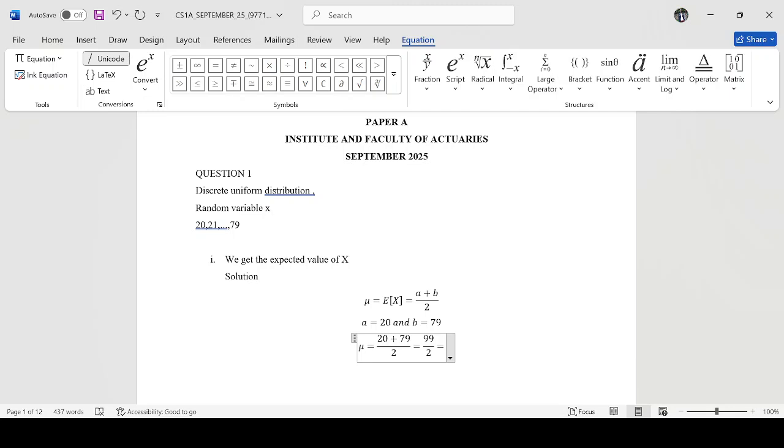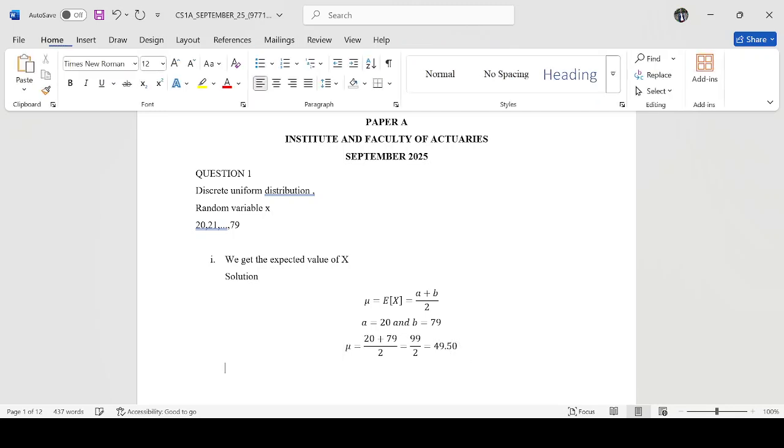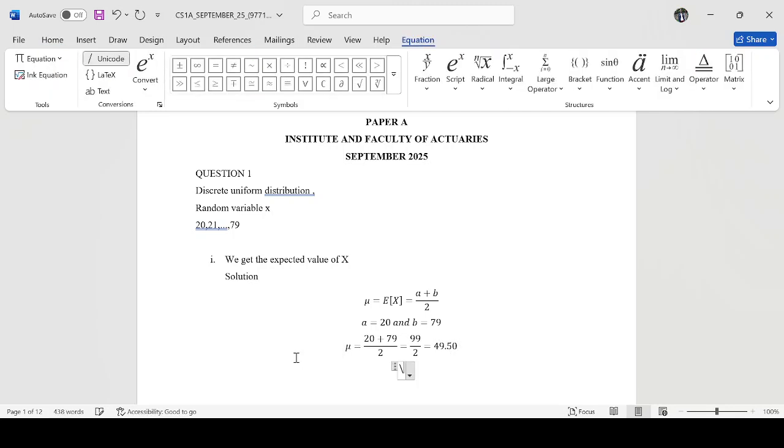Therefore our mean, the expected value of x, is 49.50. So that is your answer.